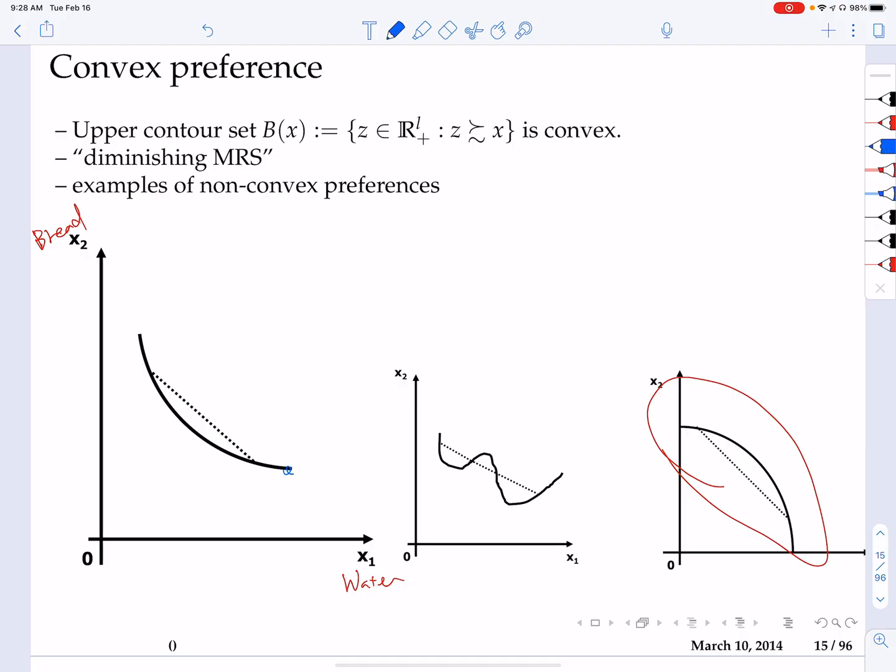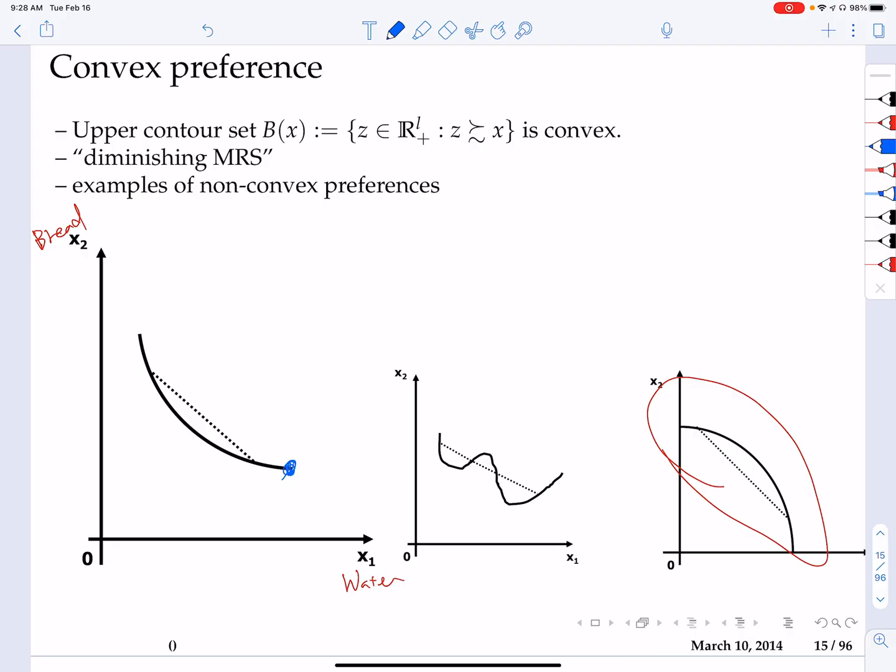So you're very hungry but you have plenty of fluids. Someone comes to you and says, I'm going to give you a little bit of bread. That's going to make you much happier, right? Because you have very little bread, and someone is offering a little bit of bread.